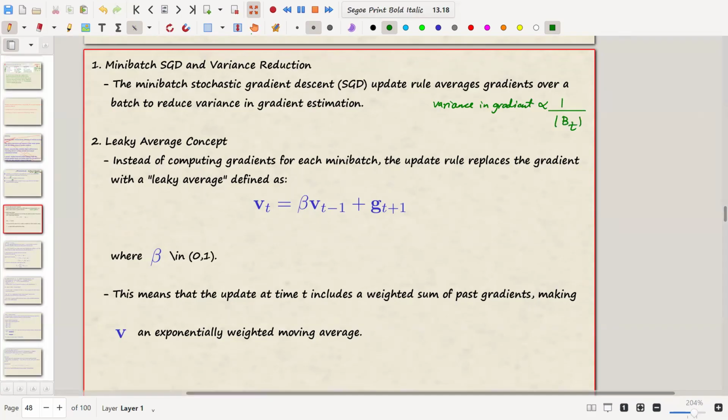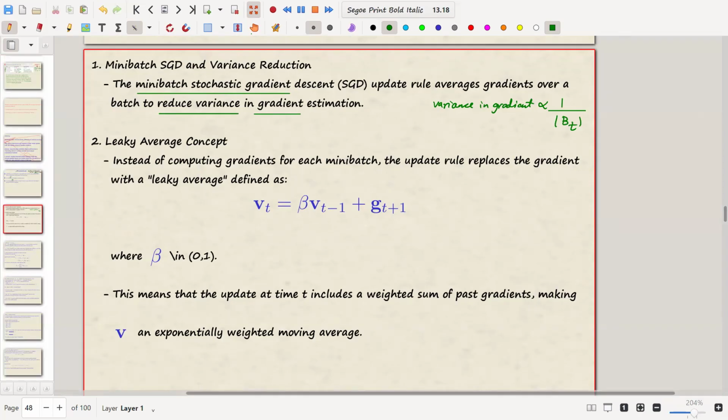So if you increase your batch size, the variance in the gradient decreases. Therefore, you can use mini-batch stochastic gradient descent to reduce the variance in gradient estimation. This is just a recap.